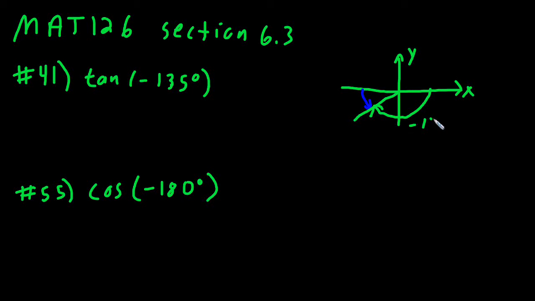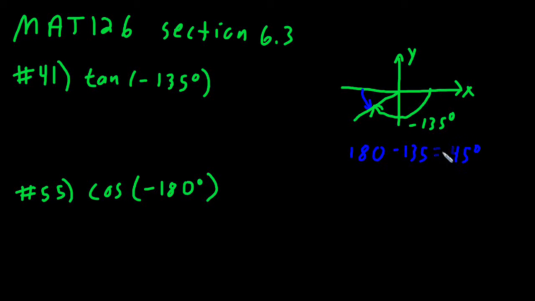Well, if we come halfway around, that'd be negative 180. So this is negative 135. We want to find this part here, which would just be 180 minus 135, which is 45. So the reference angle is 45 degrees.